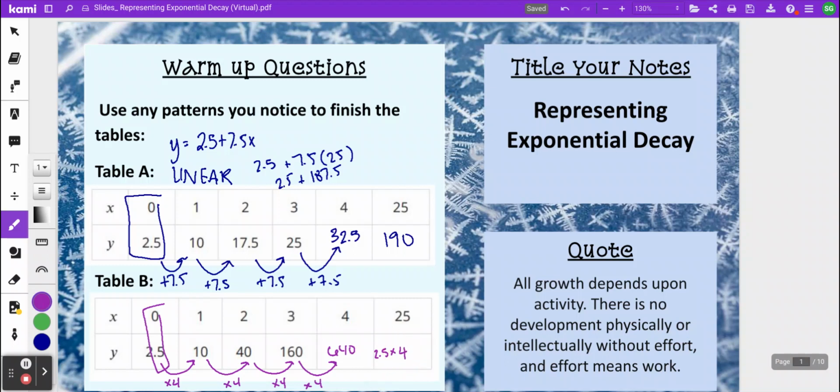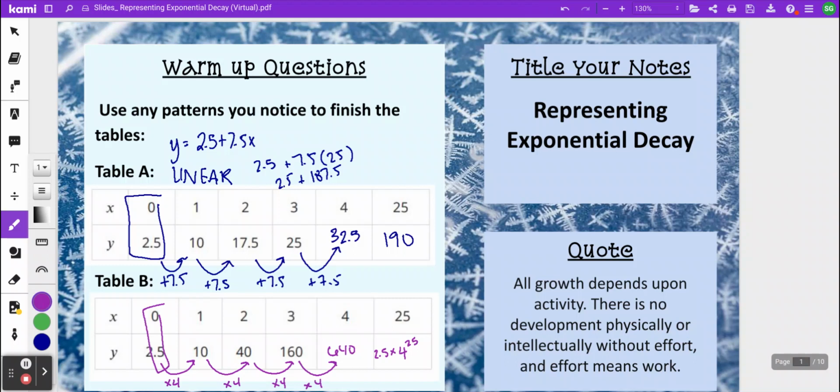How many times would I multiply by 4? Well, to get to x as 25, I'm multiplying by 4 25 times. Now I can write times 4 times 4 times 4, 25 times. Or we can make that a little easier and just use an exponent. Can use that exponent of 25. And now I'm actually going to leave it like this because if you did the math for that, that is a quite large number.